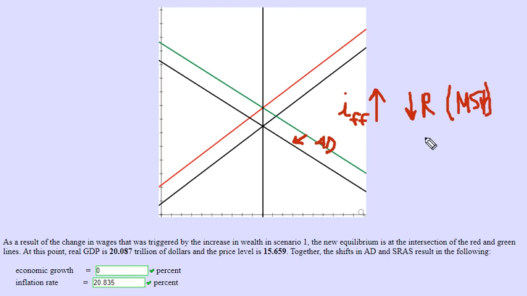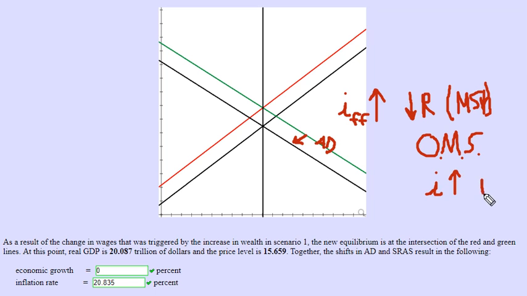They do that historically with an open market sale, OMS, open market sale. That's where the Fed sells treasuries to banks. And that has historically raised the federal funds rate. And if the money supply falls, the nominal rate of interest will increase.